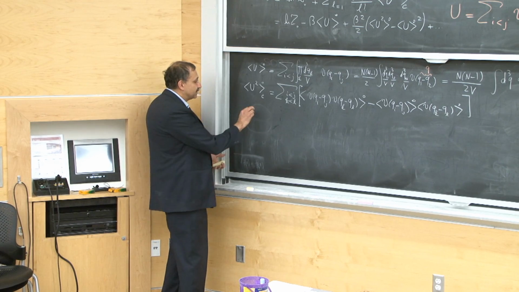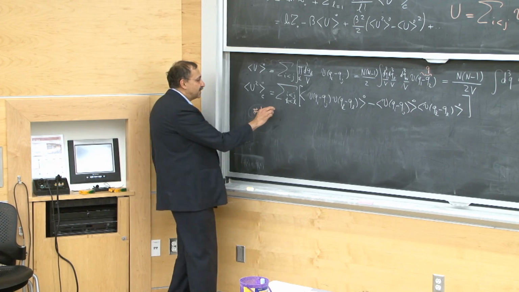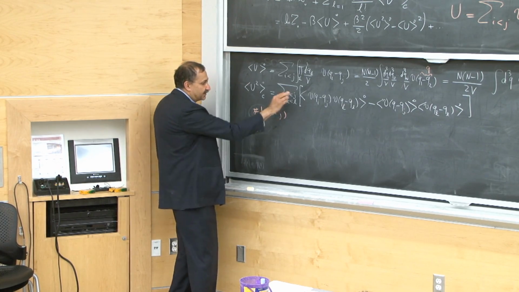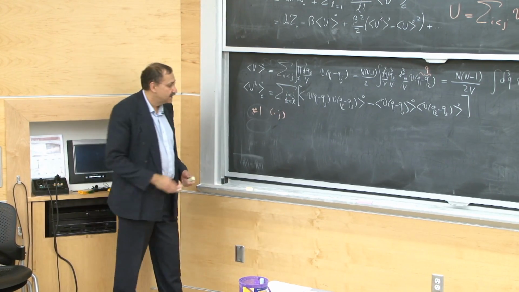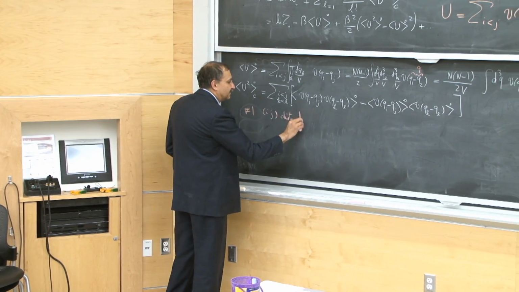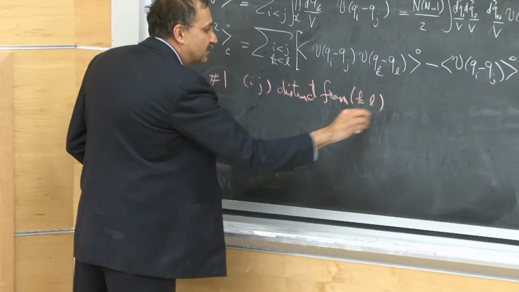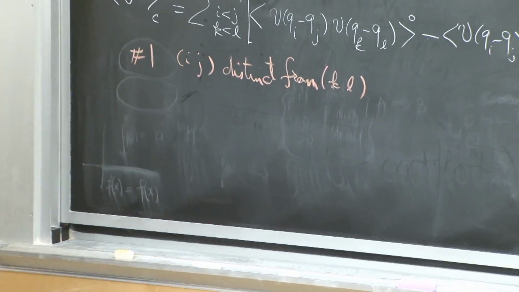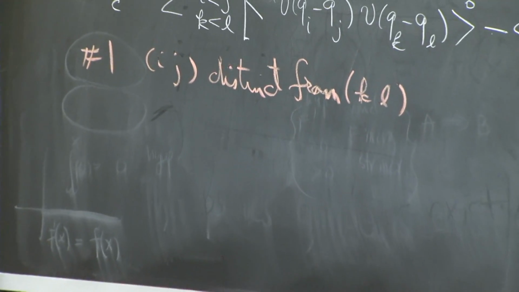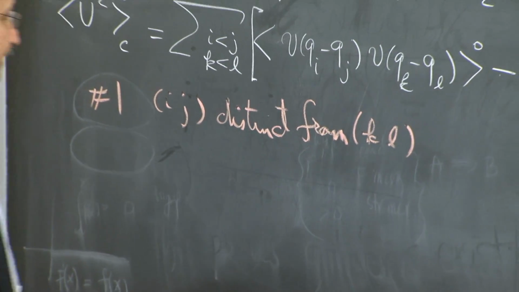One class of terms will be when the pair ij that I pick for the first sum is distinct from the pair kl. So a huge number of terms as I go through the pairs will have this possibility.